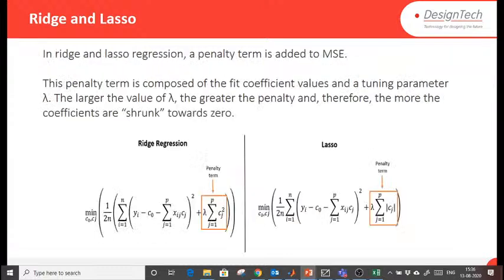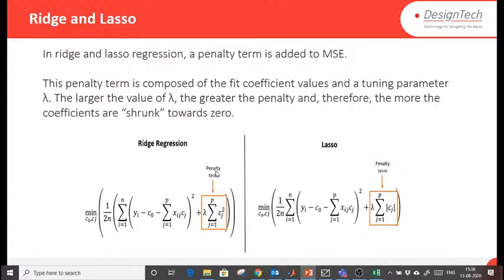So what is the difference between them? Here you see in this term, a penalty term is added, lambda is added here, here also lambda and penalty term. In Ridge regression, this C value which you see will be squared, but in Lasso it will not be squared. So in Ridge and Lasso regression, a penalty term is added to the MSE.